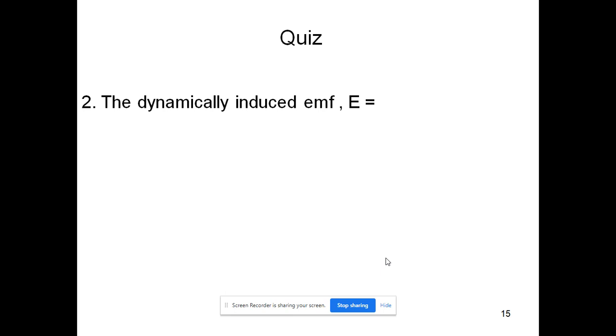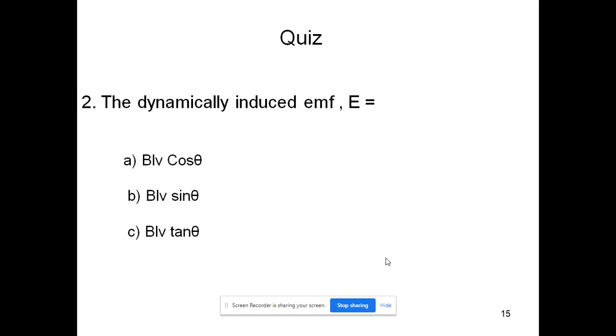Now let us see the second question. The dynamically induced EMF E is equal to: A. BLV cos theta. B. BLV sin theta. C. BLV tan theta.